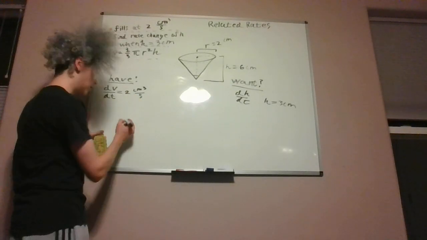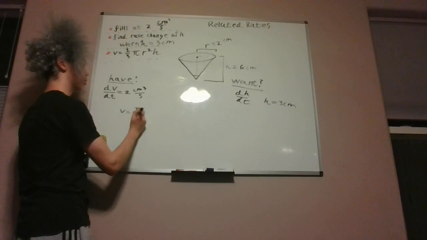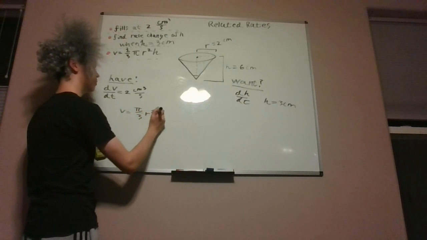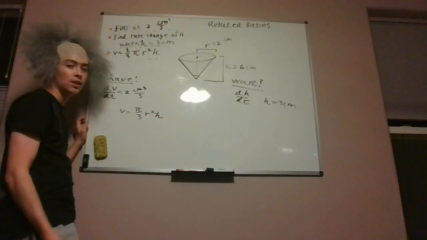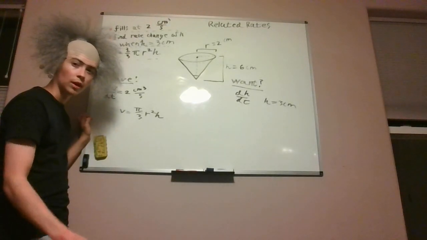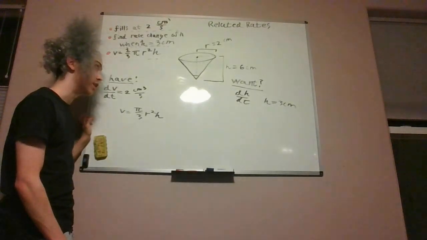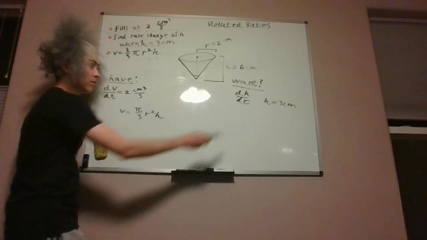So I'm going to rewrite this down here. If V is equal to, and I'm going to write this as, pi over 3 r squared h. Okay, we want dh/dt, we have dV/dt, we can get those by differentiating, right? So now with implicit differentiation, remember, I said earlier, we're differentiating with respect to time.